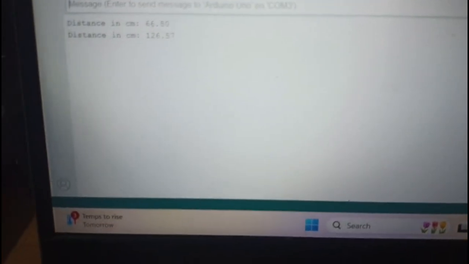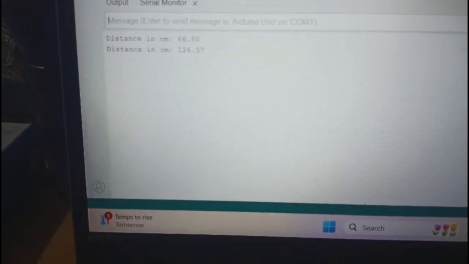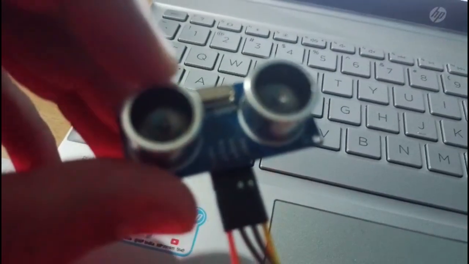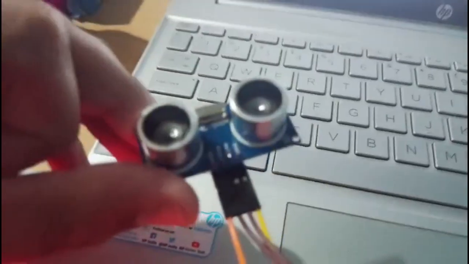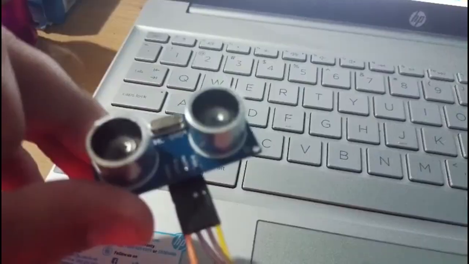You can see some distance measurements are being calculated, and if distance is less than 100 then only it is going to turn on. Now you can see my sensor is pointing towards the top. It means this distance is more than 100 centimeters. That's the reason it is unable to calculate. For example, just now I put my finger near to it.